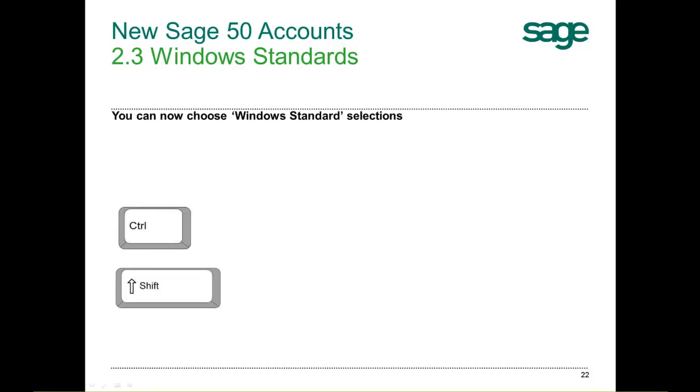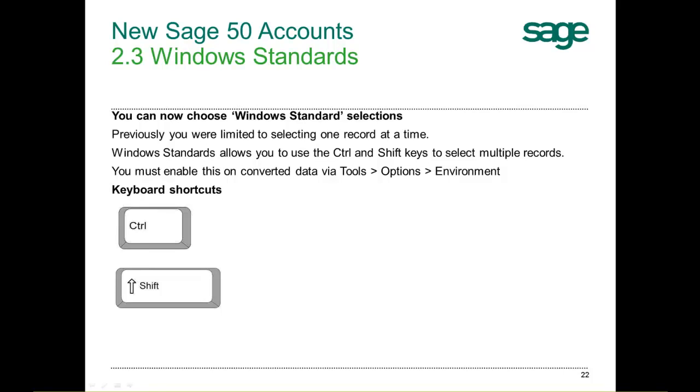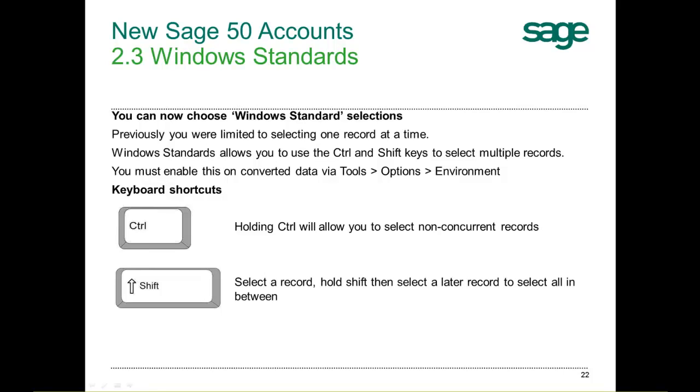You can also choose to use Windows Standard selection, where you were previously limited to selecting one record at a time. You can select Control and Shift to select multiple records. You would be able to enable that by going into Tools, Options and the Environment area. And you can also resize the screen, as I mentioned before. If you're using a smaller screen, then the software can adjust accordingly as well.